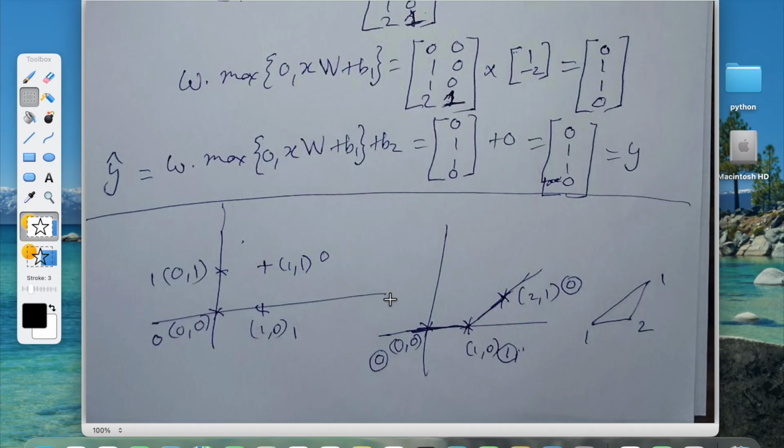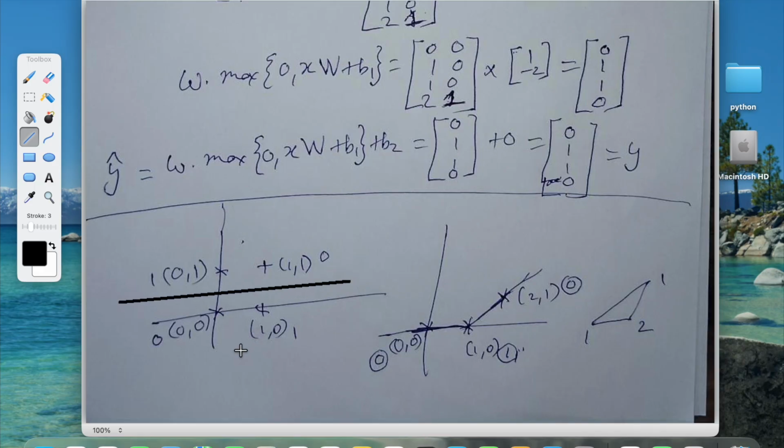The characteristic of this is that if you try to draw a line in any way, there is no line which can divide our solution space in such a way that all the zeros are on one side and all the ones are on the other side. Whichever line you use, be it horizontal, vertical, or this slanting line, you'll always see that one instance of one is on the other side.